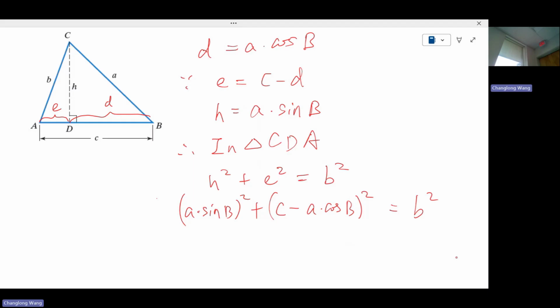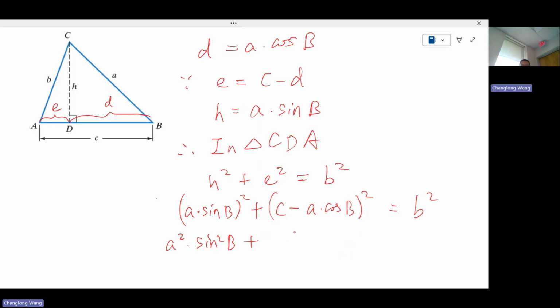Square them out, right? Expand it. All right, so now see that you're multiplying a and sine b, right? It will be a squared times sine squared b. Don't freak out, it will magically disappear. Do you guys know how to expand the difference of two terms up to the second power?